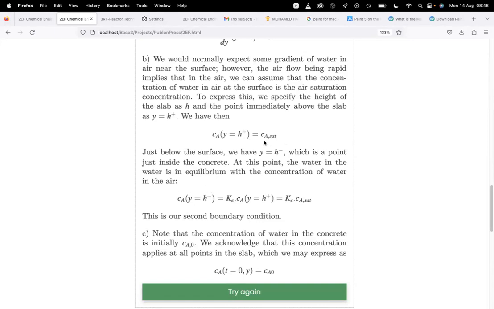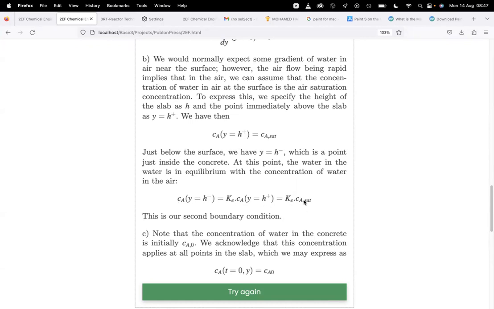And then because we know that point is very close to the air, then we know that the equilibrium relationship holds there. So if we take the equilibrium constant, which is provided with the question, multiplied by the air concentration, then we would get the concrete concentration. And we've just said that the concentration in the air is Ca sat, so it's K times Ca sat.